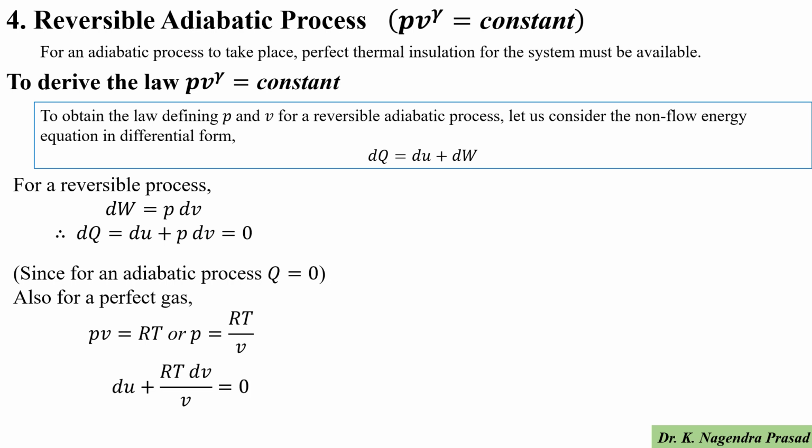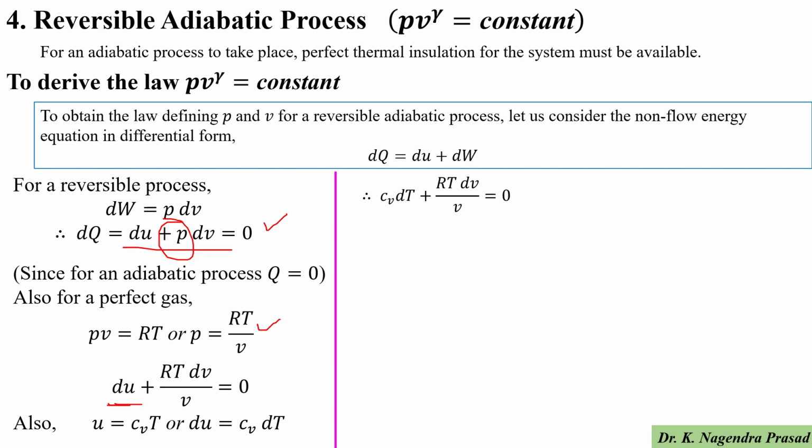We rewrite du plus P dV equal to 0. We know that P equal to RT divided by V. Then substituting, this becomes du plus RT dV divided by V. Also we know that the internal energy du equal to Cv dT.